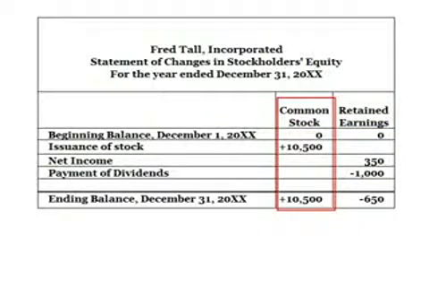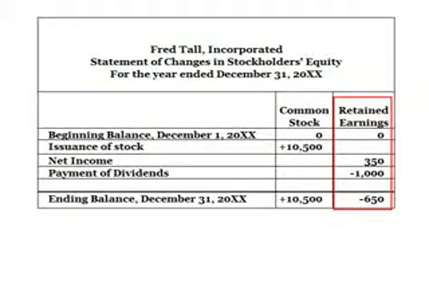When we add the issuance of the stock to the beginning balance in common stock, we wind up with the ending balance of $10,500. Retained earnings would be affected by revenue and expense, so we'll add the net income of $350 and then subtract the payment of dividends, $1,000, to determine a negative balance for retained earnings at the end of the period, namely a negative $650.